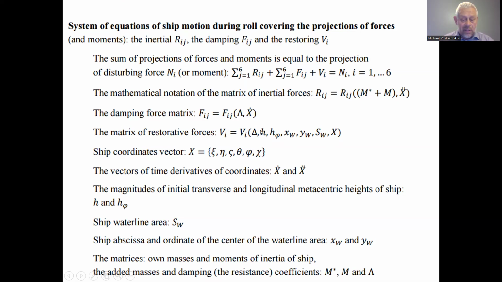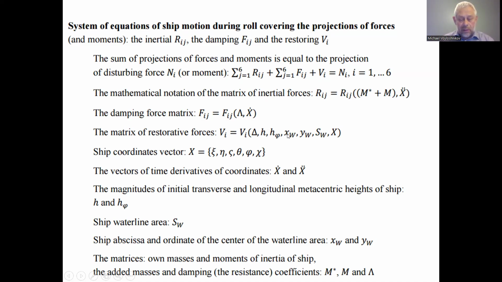So this vertical distance is equivalent to the transverse initial metacentric height. And this is the longitudinal initial metacentric height, h phi. This is a distance between the ship point of gravity and the location of the center of ship rotation when it trims.